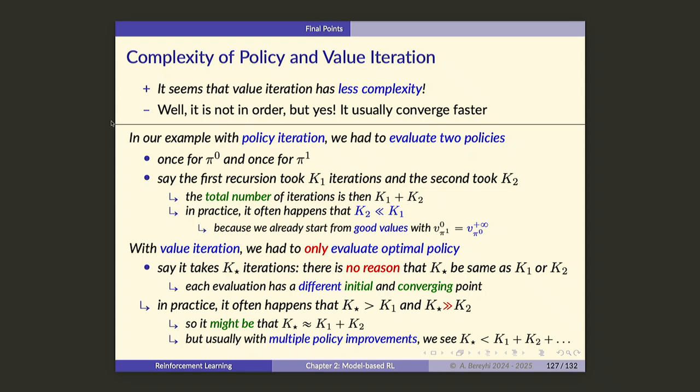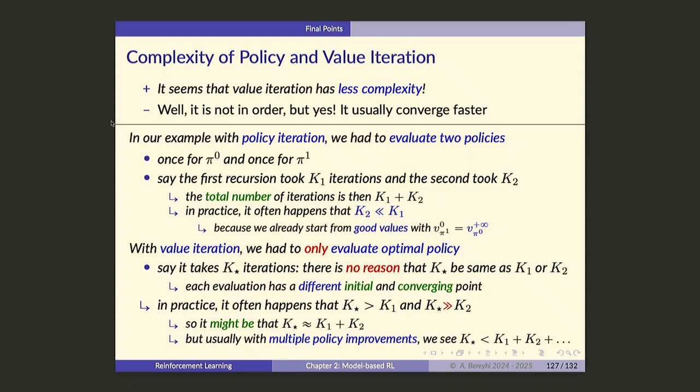One policy might be very simple so that the convergence happens very fast, whereas the optimal policy is complicated, and then it takes time to converge. So there is no reason for k star to be the same as k1 or k2 or even less than that. It could be the case that, for instance, k star is more than k1 plus k2.